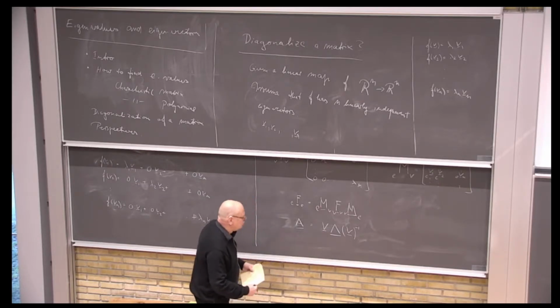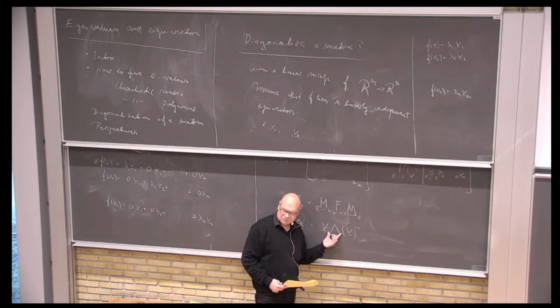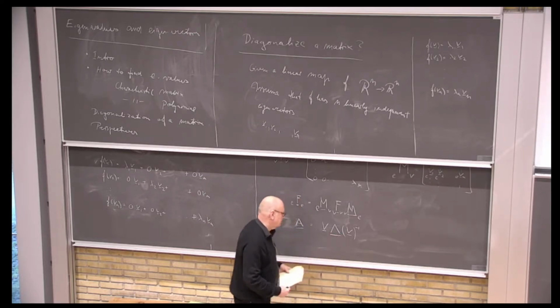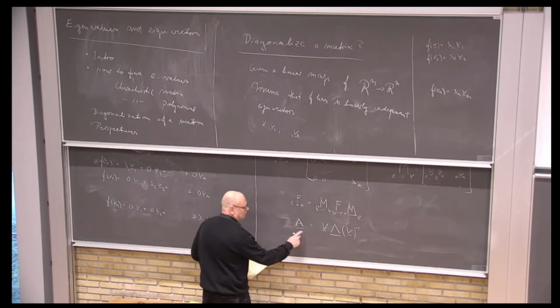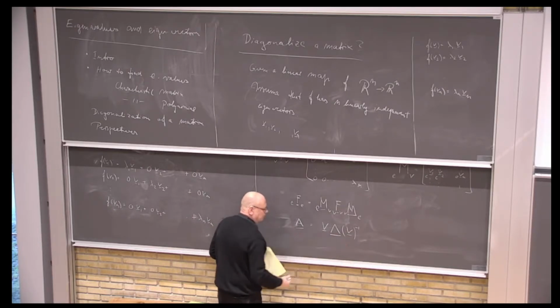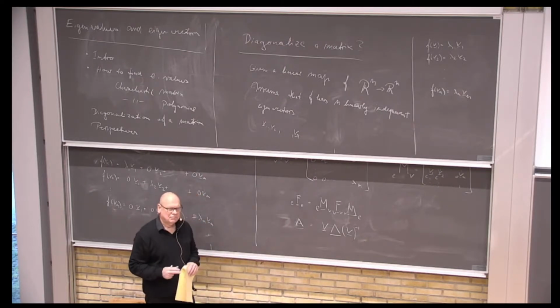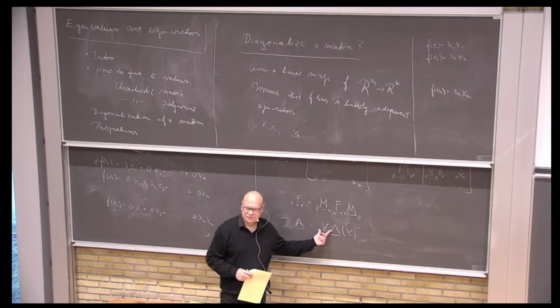You can also have an explicit expression for this lambda matrix, because you can pre-multiply this equation by the inverse of V and post-multiply it by V. By the way, is this allowed? Is it even allowed for me to write the inverse of V? Does it have an inverse?